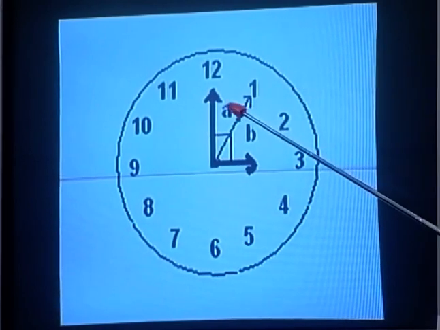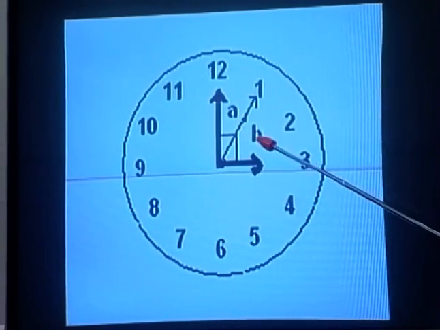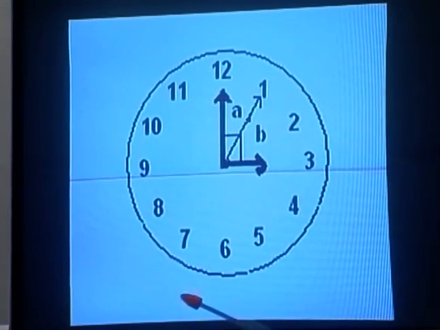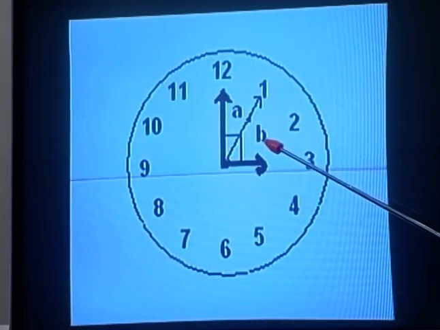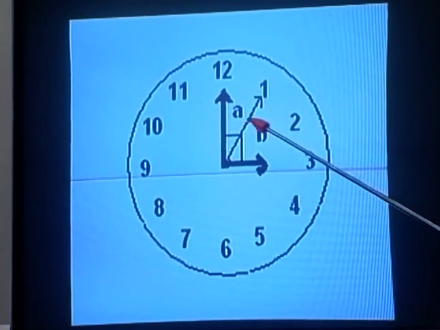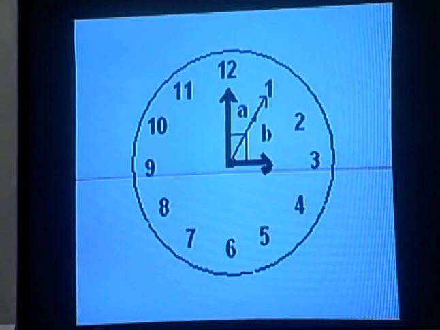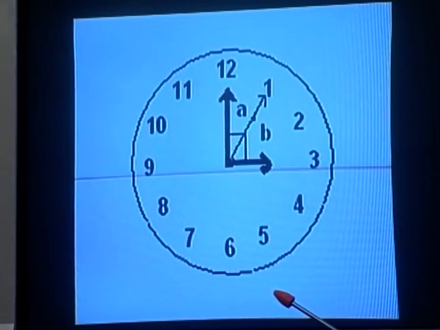Angle A is complementary to angle B, and angle B is complementary to angle A. These two angles add up to 90 degrees, and they are known as complementary angles.